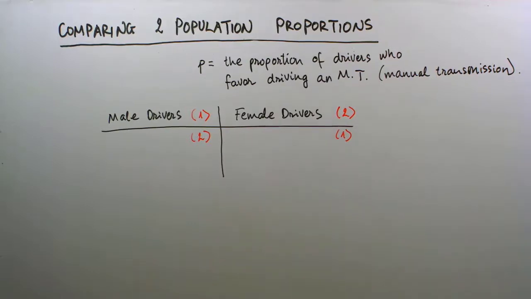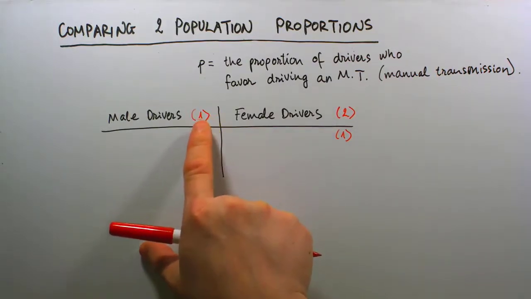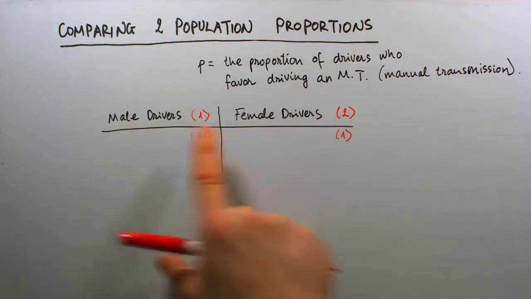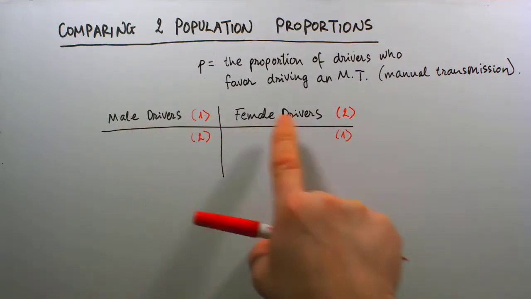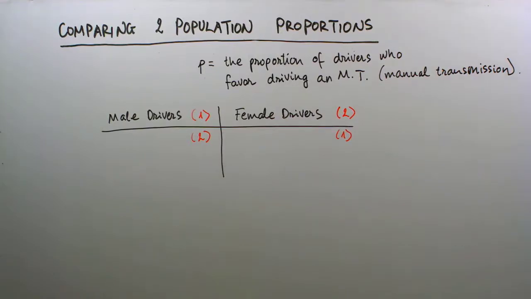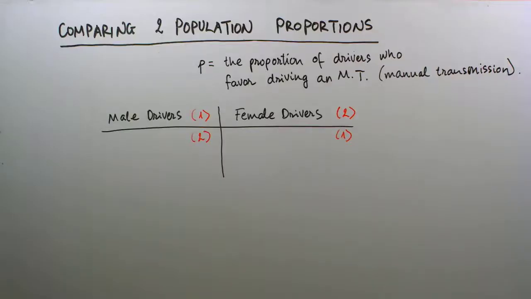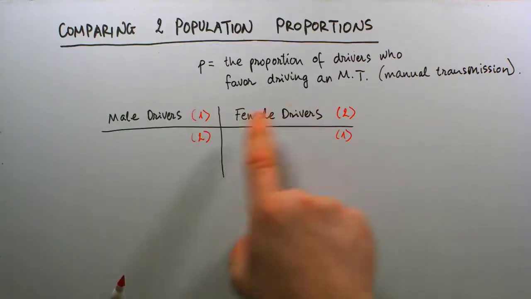But the reason I chose this initial choice, population label 1 for male drivers and population label 2 for female drivers, is simply because in my current data the male drivers were described first. So I just simply went with that order and defined the two numerical labels in that order.